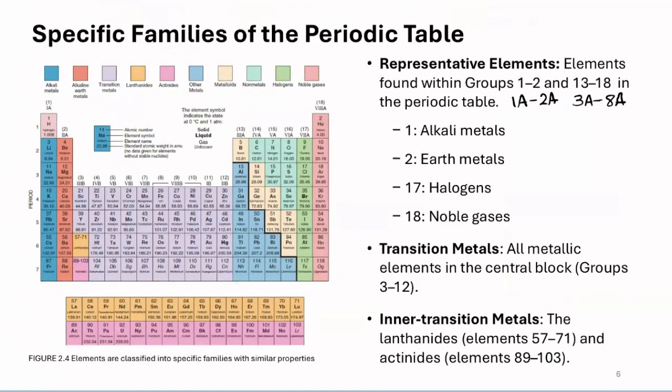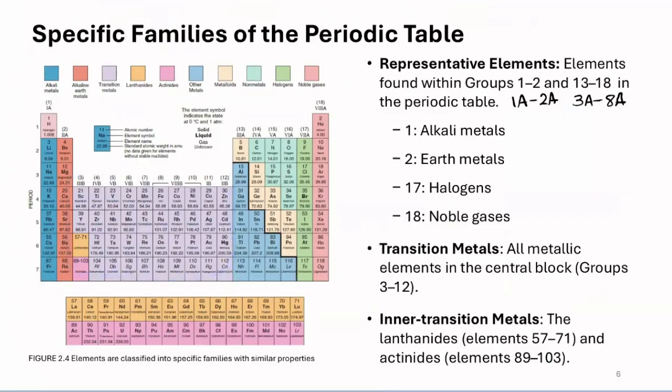The next category within the periodic table is the transition metals, and they live specifically in this area of the periodic table.